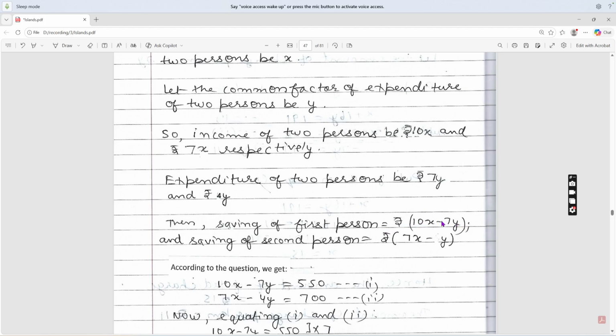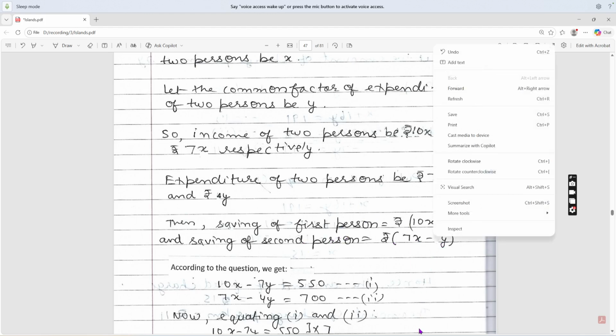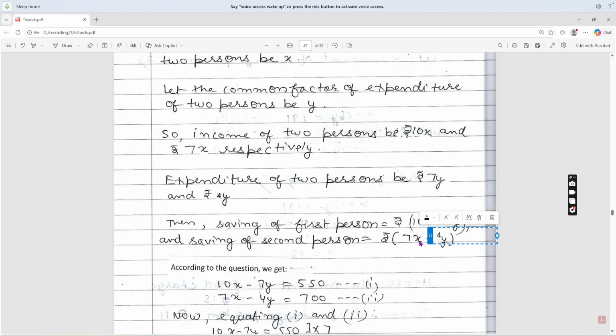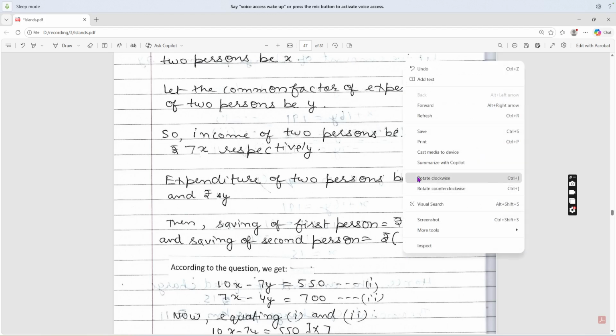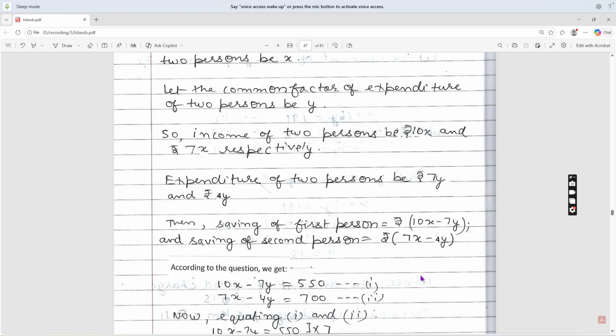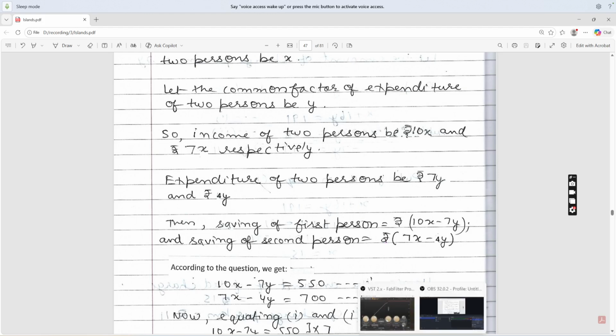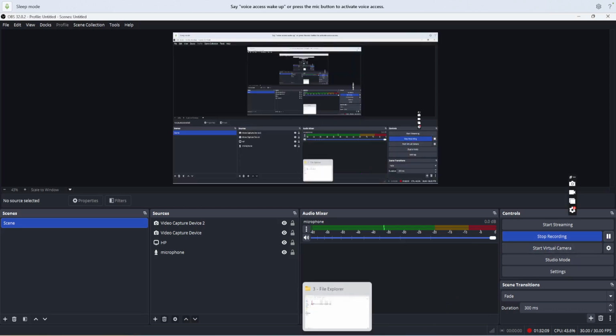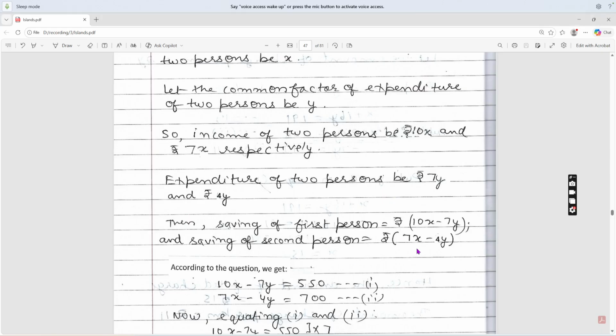That is 10x minus 7y. For the second person, income minus expenditure is 7x minus 4y. Sorry, it is 4y, and it is rectified here.